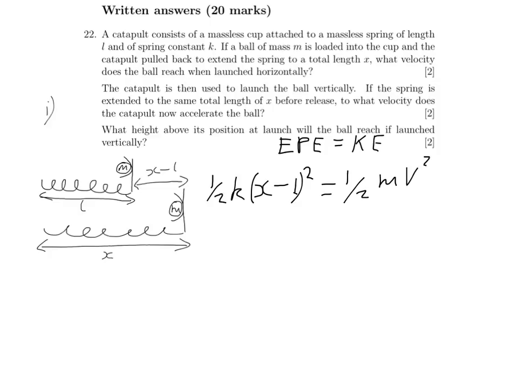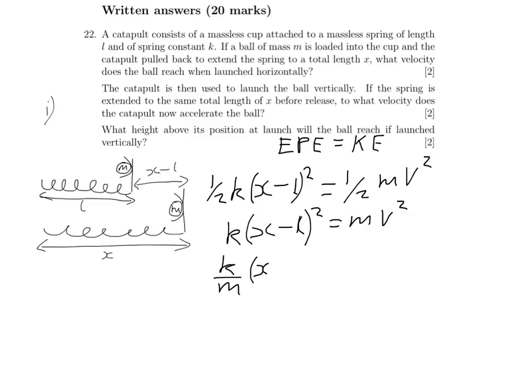So our elastic potential energy is half k (x minus L) squared, and we've equated it to the kinetic energy, half mv squared. We've cancelled the half there to give us k (x minus L) squared equals mv squared. Now we just need to solve it for v.